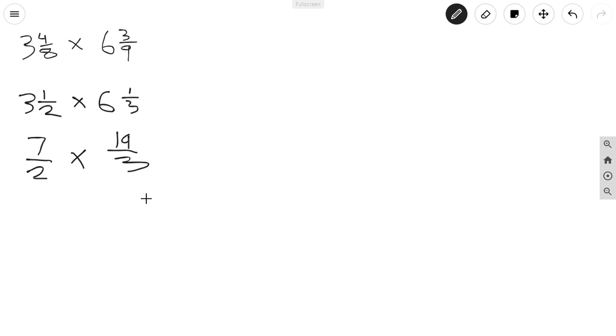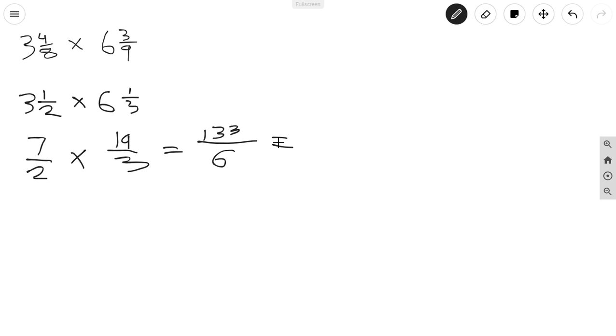I can't simplify across. 7 over 3, lowest terms, same thing with 2 over 19. Nothing I could factor out, right? So I just got to do the math now. So 7 times 10, 70. 7 times 9, 63. Add those two together, and I get 133. So 7 times 19 is 133. 2 times 3 is 6.